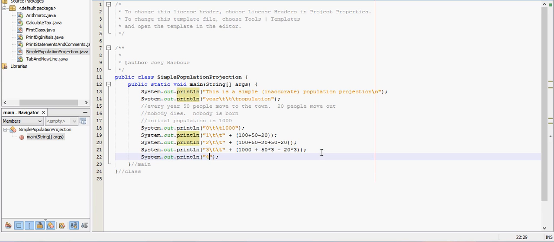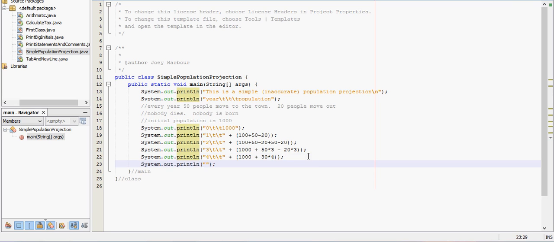Year 4, we will have 1,000 people, but if you notice, every year 50 people move in, 20 move out, so it's basically like we're getting 30. So 1,000 plus 30, and that'll be the 4th time 30 people have moved in.